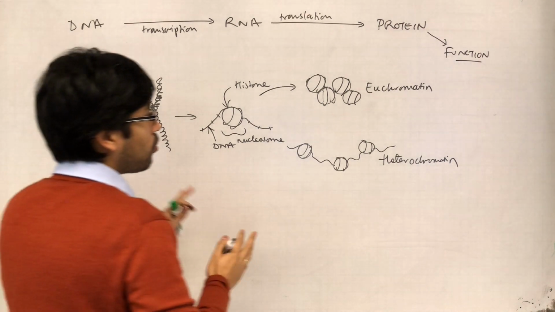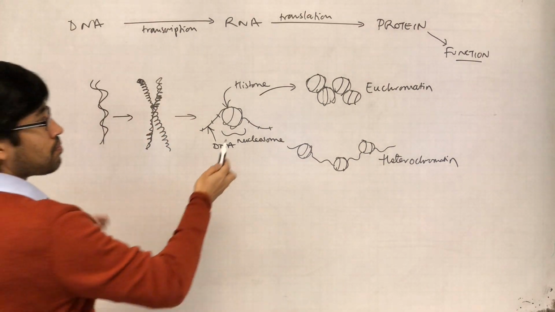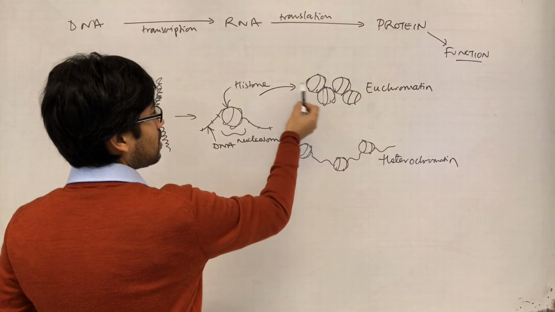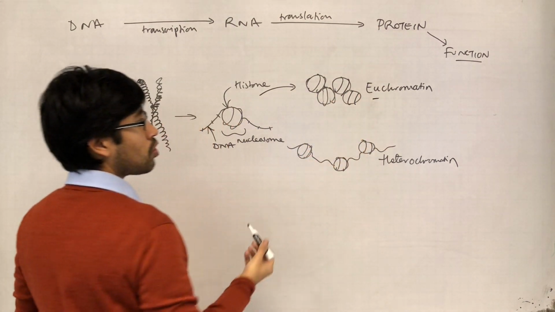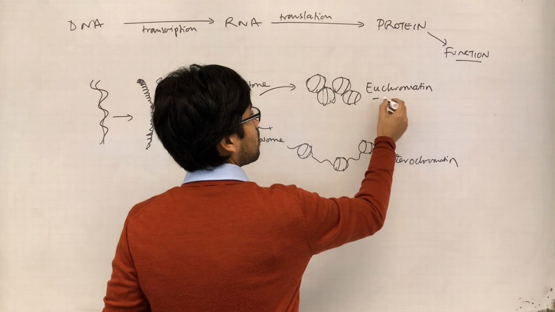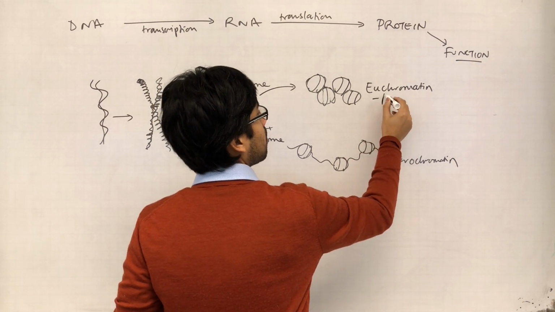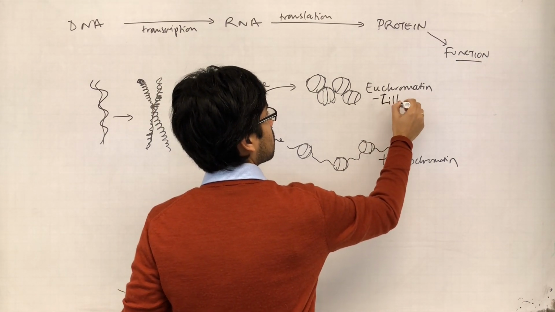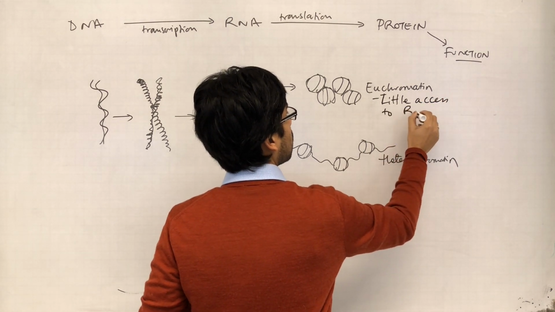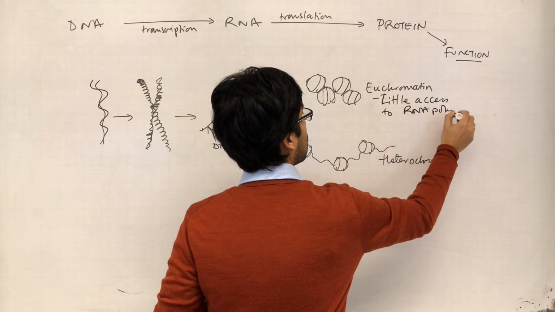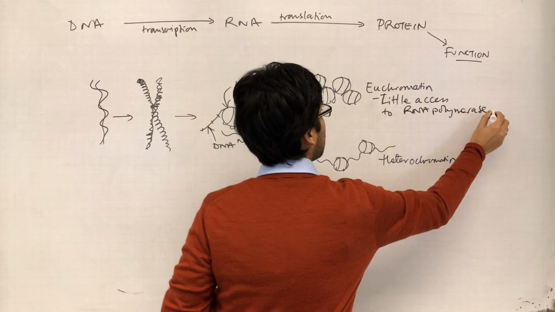Now, the key point is this: when DNA is in the euchromatin form, there is little access to RNA polymerase.